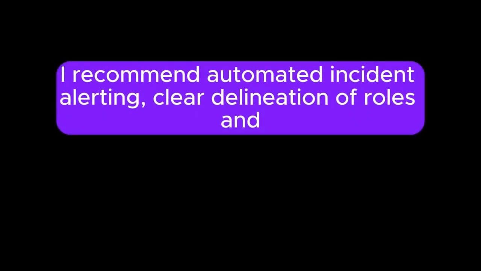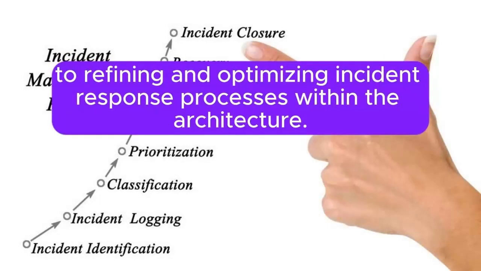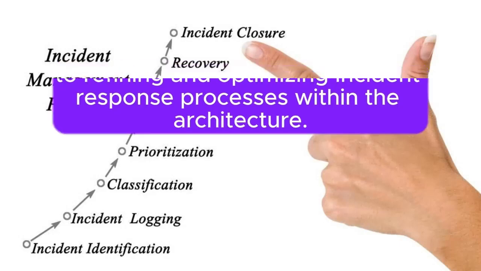I recommend automated incident alerting, clear delineation of roles and responsibilities, and integration with external incident response teams. Regular tabletop exercises and post-incident reviews contribute to refining and optimizing incident response processes within the architecture.